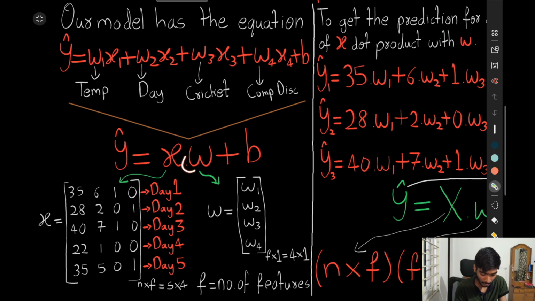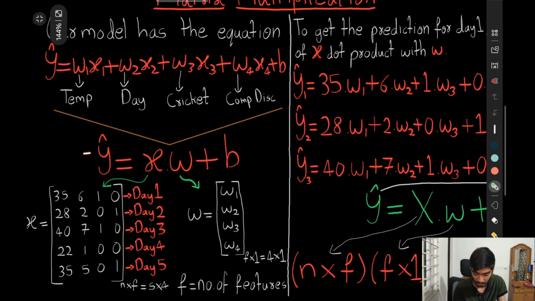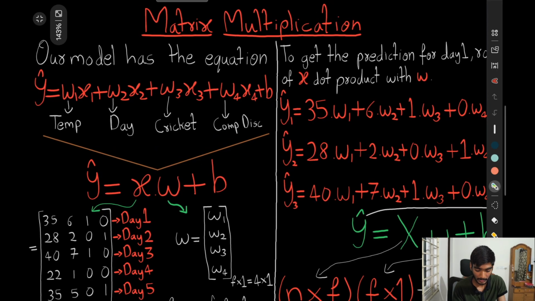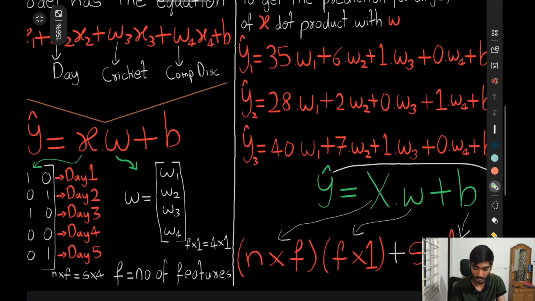We perform the dot product between these two matrices, add the bias to it and store the outputs in the y cap, where this y cap is a matrix with n cross 1 dimensions. So you just simply substitute each row into the equation and get the output, and store the y value in the y cap matrix. This is your multi-feature model with multiple input features like the temperature, day and discount.